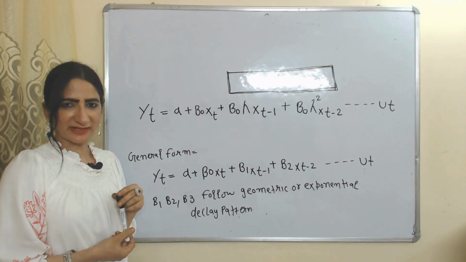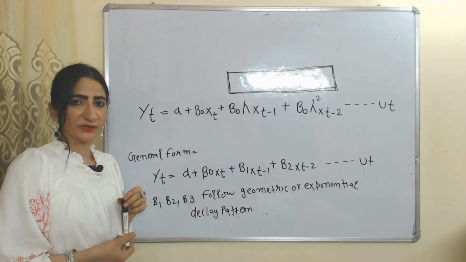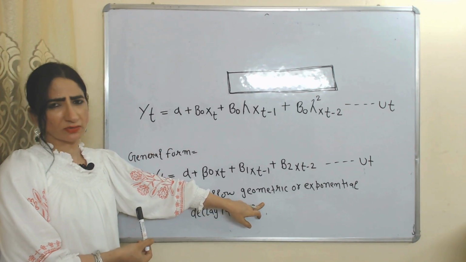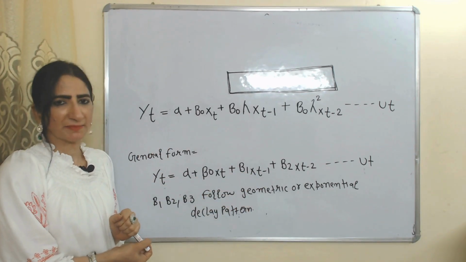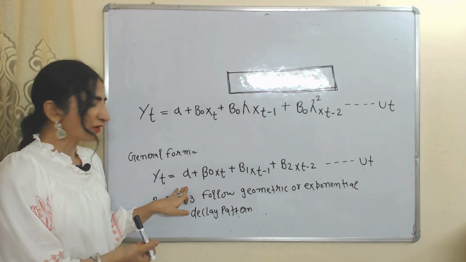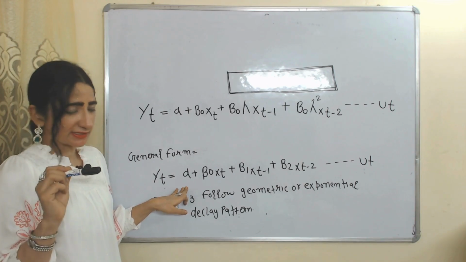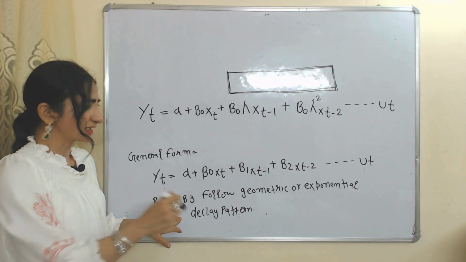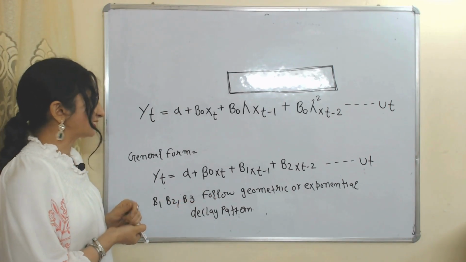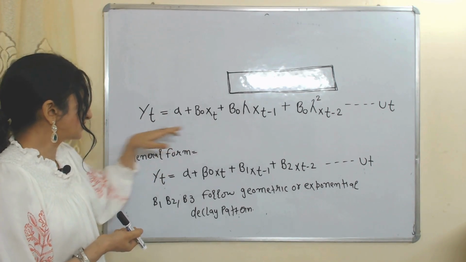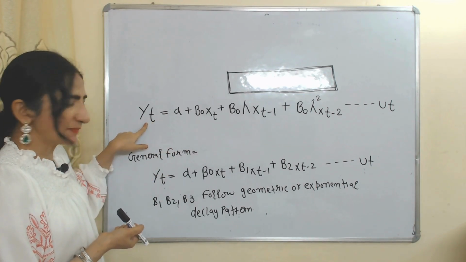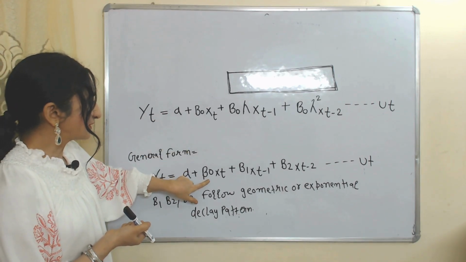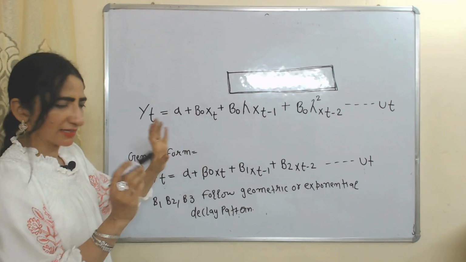As we earlier discussed, in the case of the Koyck model, our coefficients beta 1, beta 2, beta 3, and so on follow a geometric, or you can say exponential decay, pattern. This is the general form of the Koyck model as we have already discussed. After converting beta 1, beta 2, beta 3 into a geometric decay pattern, our model will look like this. Yt is the dependent variable at time period t, alpha is the intercept, beta 0 xt will remain as it is.